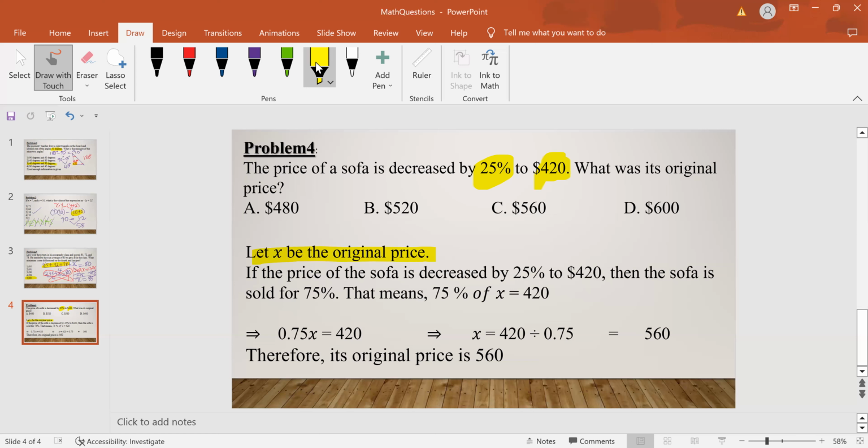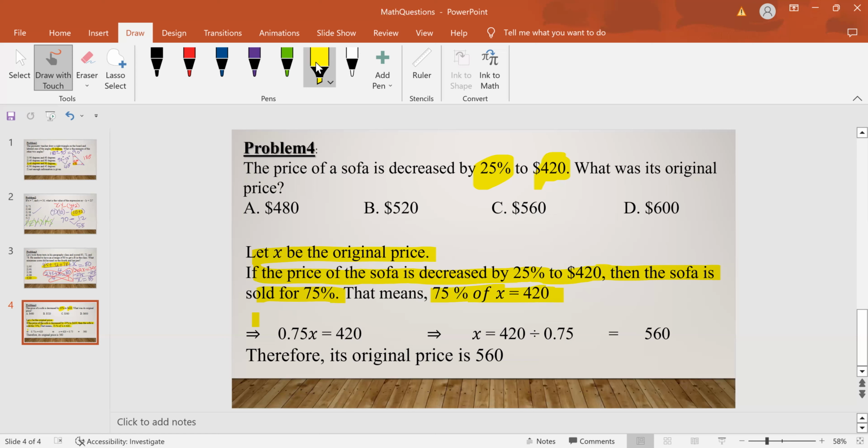So if the price of the sofa is decreased by 25% to $420, then the sofa is sold for 75%. So 75% of the original price is 420.